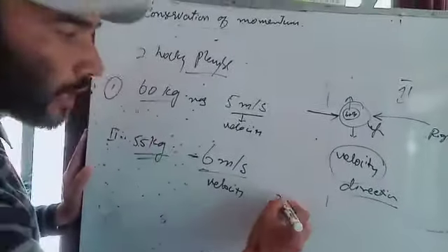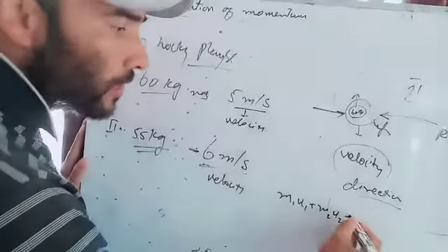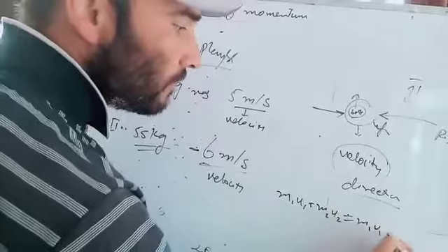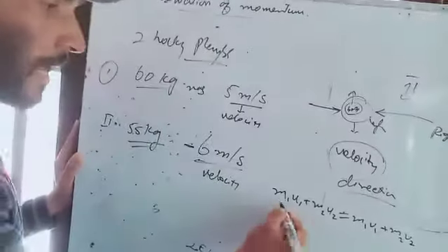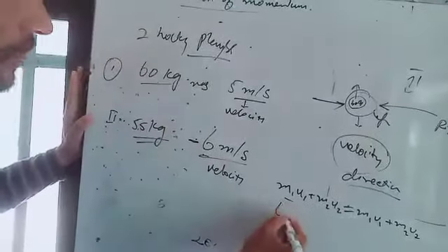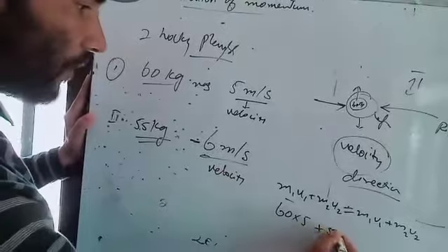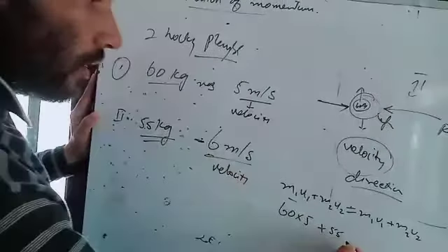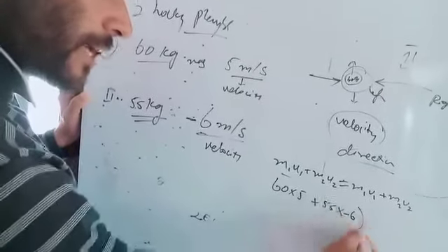Again, you have to put m1u1 plus m2u2 is equal to m1v1 plus m2v2. For example, it is 60 into 5 plus 55 into minus 6. Why minus 6?